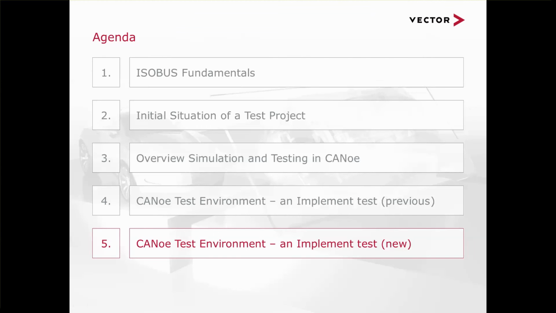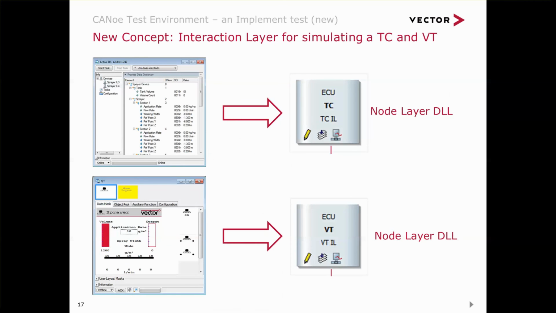Here you see the same test again with our new testing concept. What is new? New is that instead of a manual task controller or virtual terminal, for both we have so-called node layer DLLs, similar to the interaction layer.